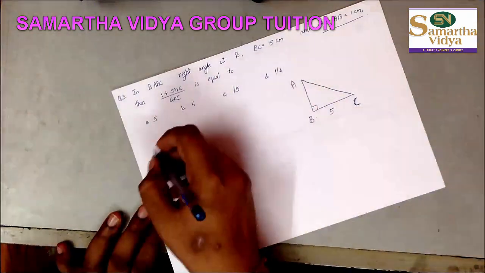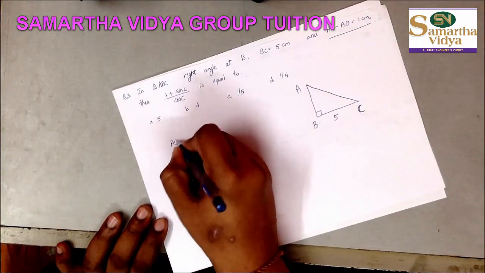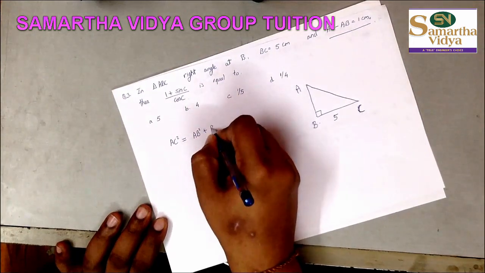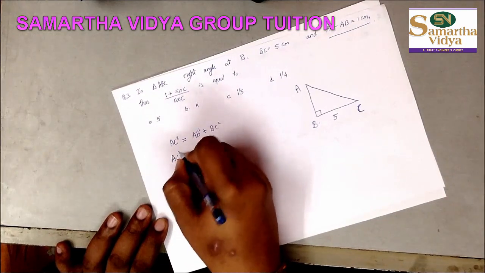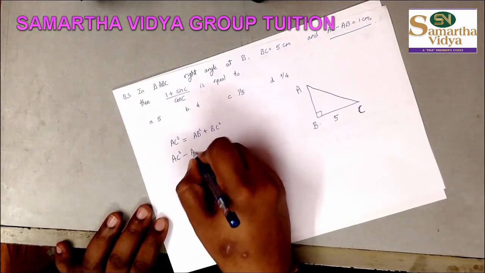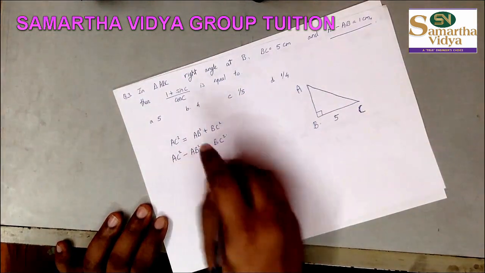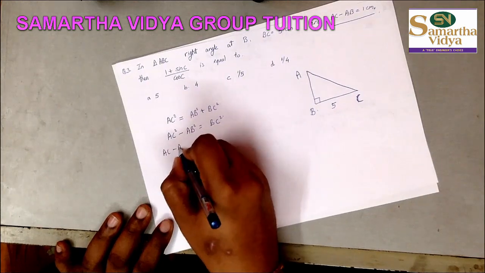So now we know that this is a right angle triangle, so we can use AC square is equal to AB square plus BC square. Now we can take the AB on that side. So this is like a square minus b square. So we can write this as AC minus AB.